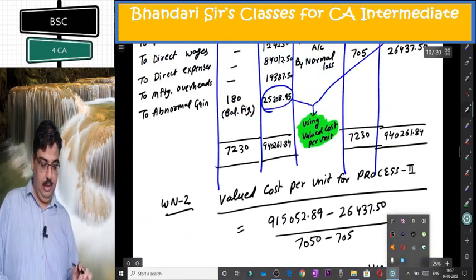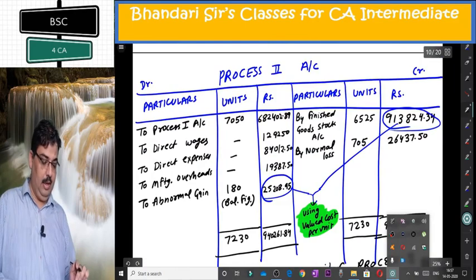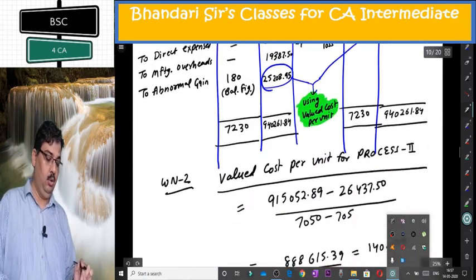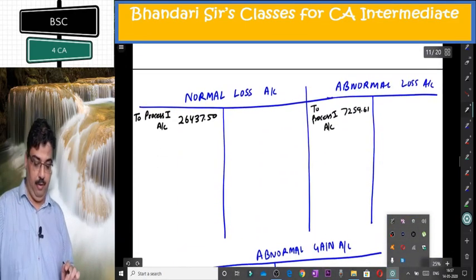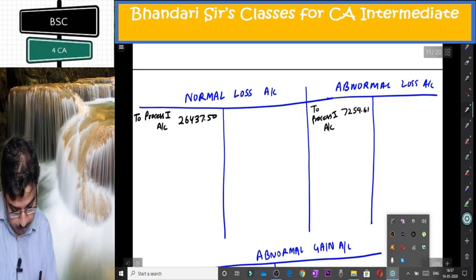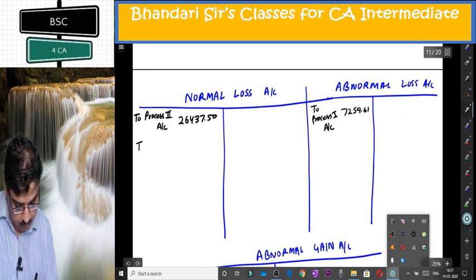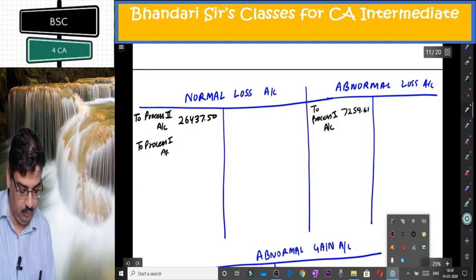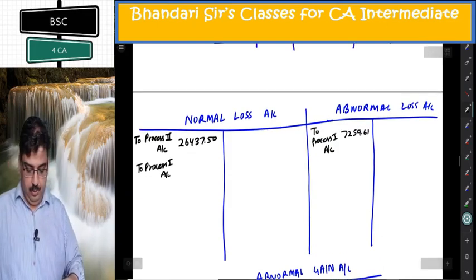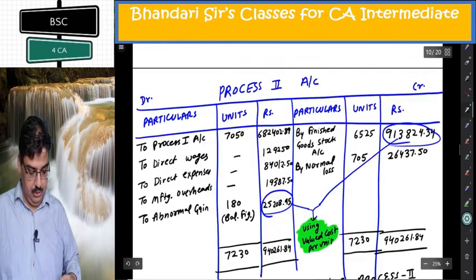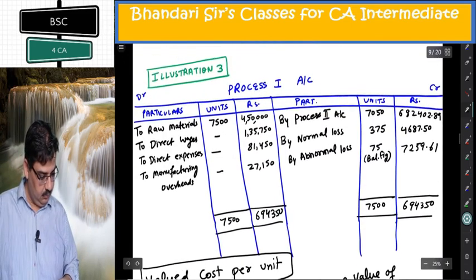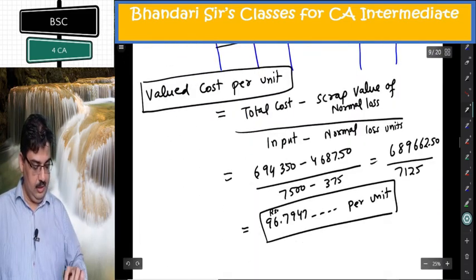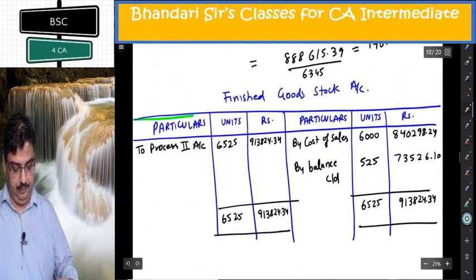Process 2 you are checking. You get normal loss 26437.5. Okay, that was process 2. To process 1 account. Process 1 account I should check. 4687.5.